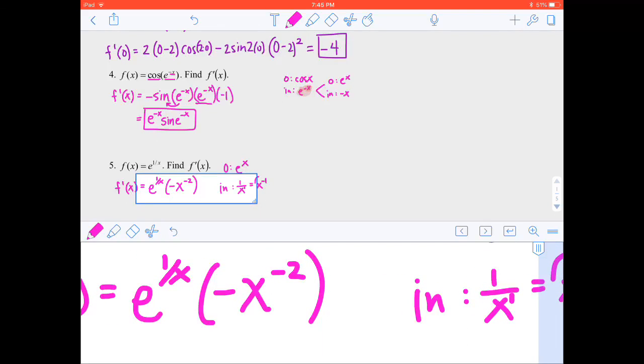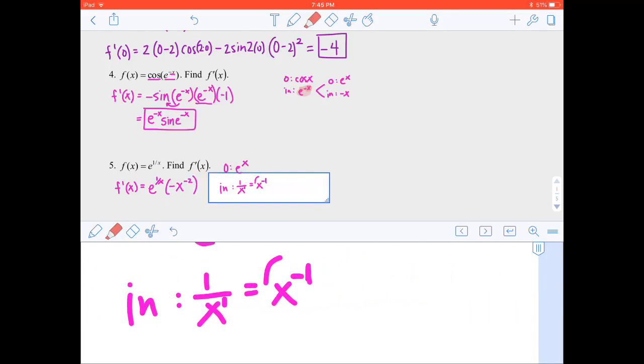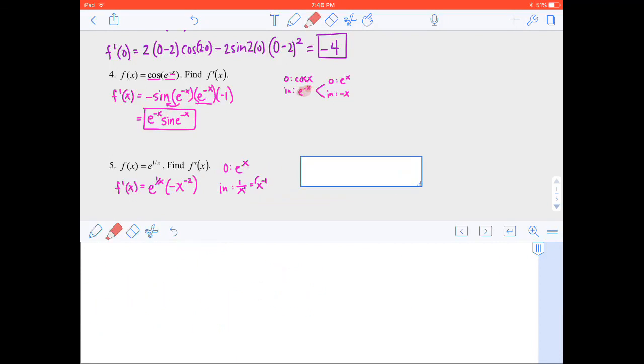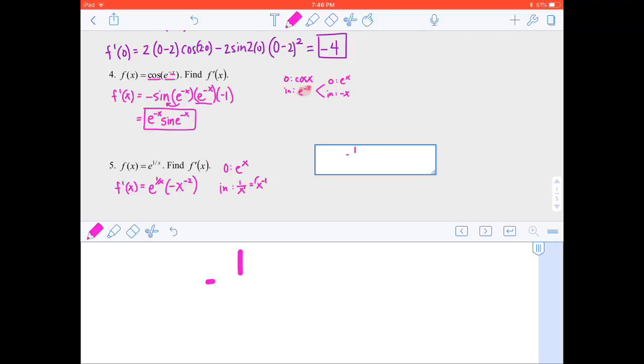It was just a chain rule. This is our derivative of the outside, but keeping the inside plugged in. This here is the derivative of the inside. You can always do this, so if you had something like 1 over x to the 4th, that would be the same thing as x to the negative 4.